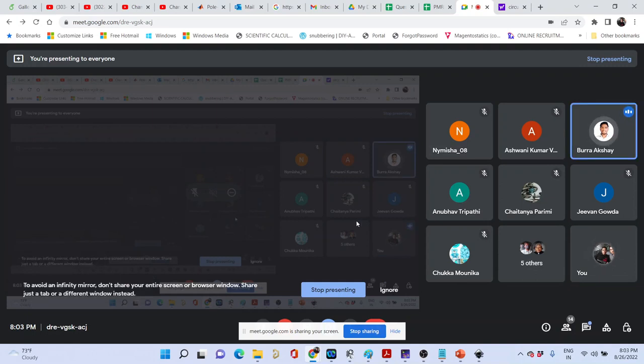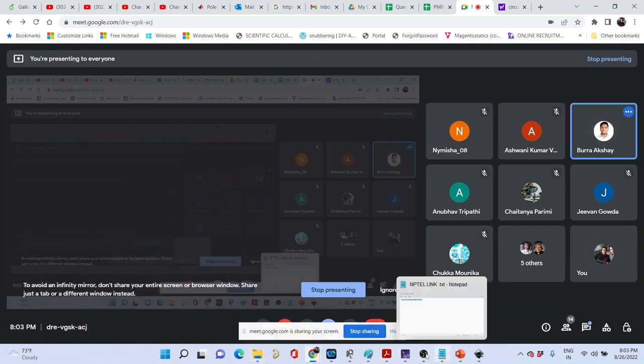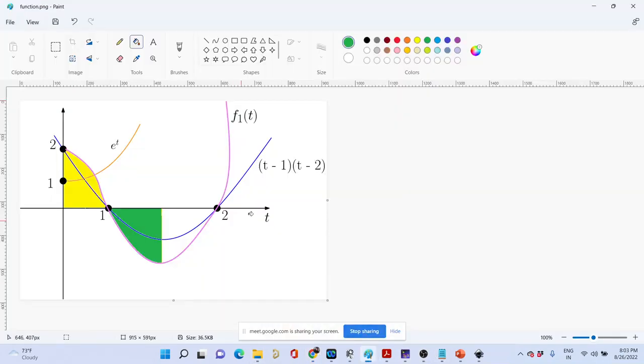Sir, how did you say that t minus 1 into t minus 2 is a parabola? Okay, so on the x-axis I have taken t and on the y-axis the function. When t equals 0, what is the value of the function? It is 2, right?